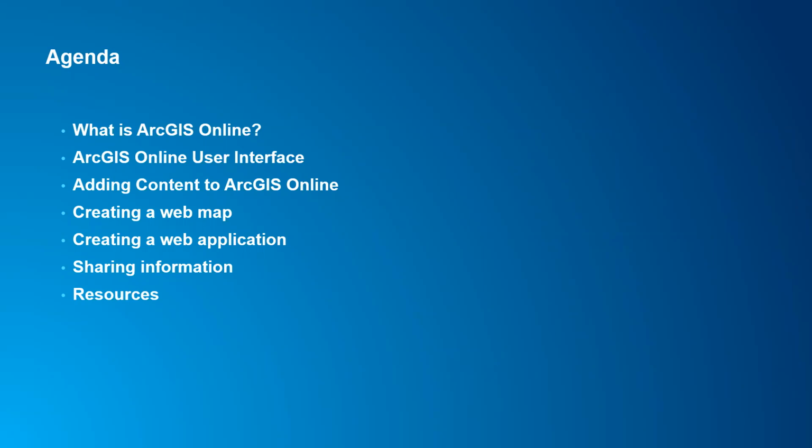And then we will look at how to share the information to a specific group of the members of the ArcGIS Online organization. Finally, we will look at the resources available to continue to learn and use this wonderful technology in the next set of workshops in this series.